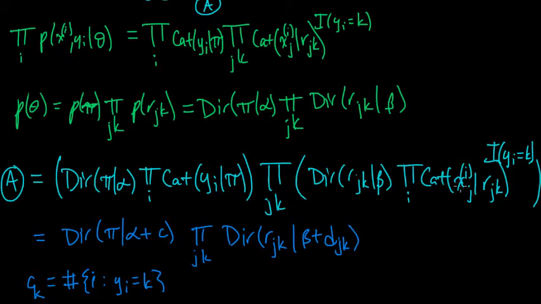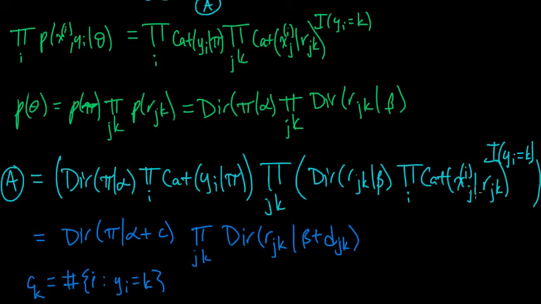And here, it's a little bit trickier because we've got this indicator here. So let's think about that for a sec. So we've got a Dirichlet, and for a fixed j and k, we've got a product of categoricals.